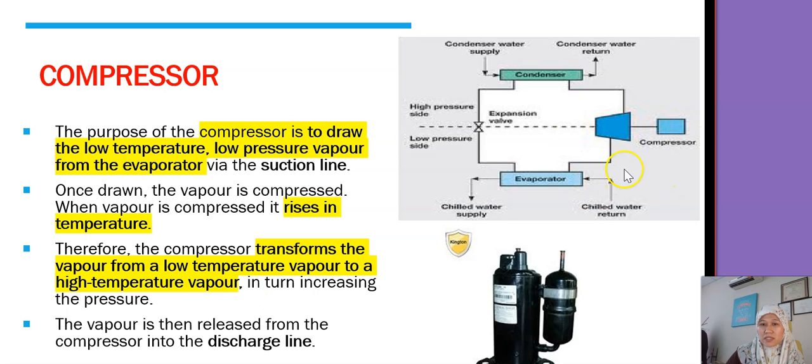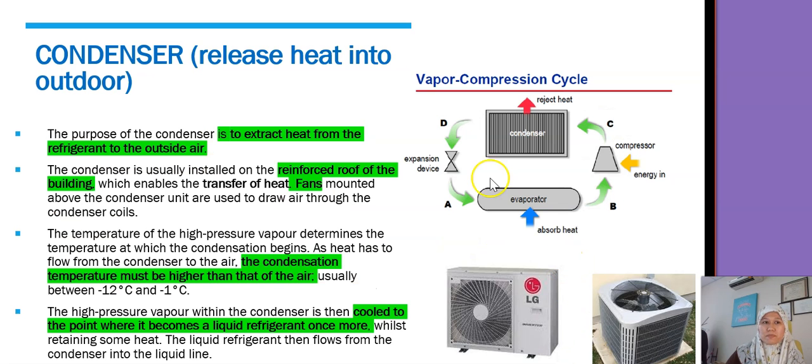The pressure and the temperature go up, and then the vapor is released to the compressor discharge line, and it goes into the next part. These are the compressor. Then it goes to the condenser.